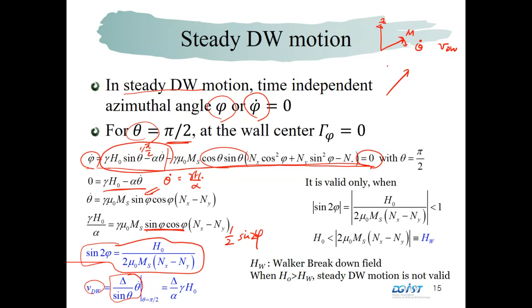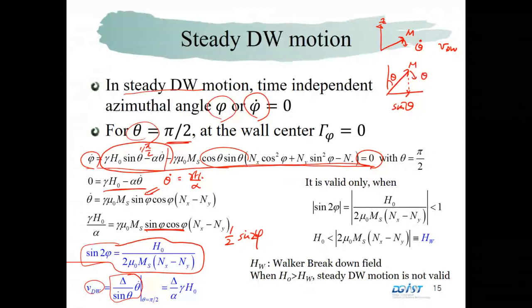So this is the magnetization, and this is theta, and this projection is sine theta. And the theta dot is something like this.